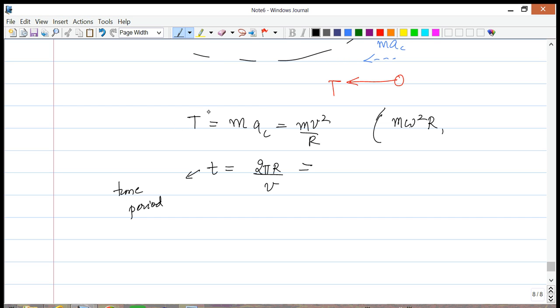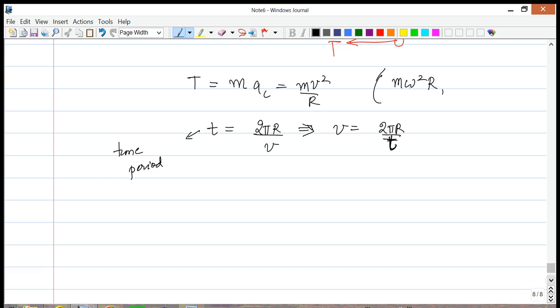So this gives us v in terms of the time period: v equals 2 pi r divided by T. Now I can get the tension in the string to be m over r times v squared, which is 2 pi r divided by T, the whole squared. If we simplify this, we get 4 pi squared r over T squared multiplied by m. So this is the tension in the string.